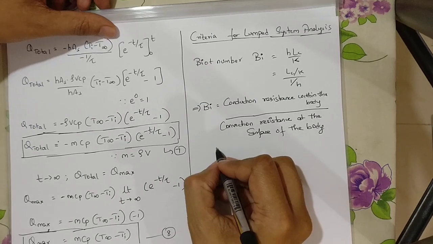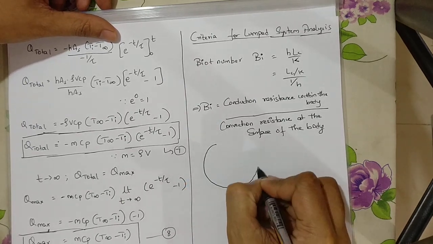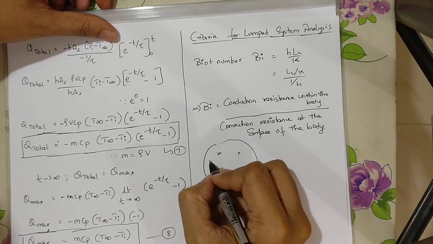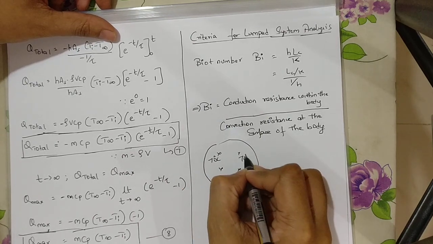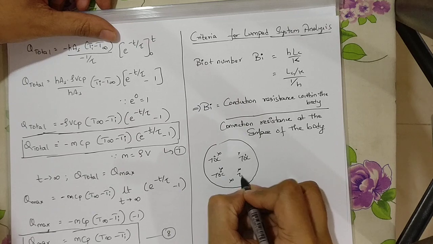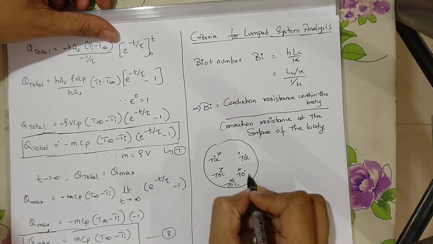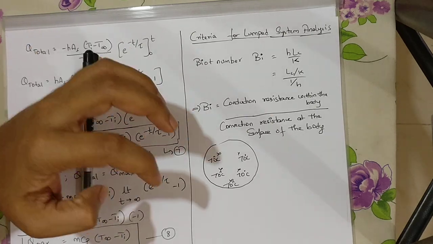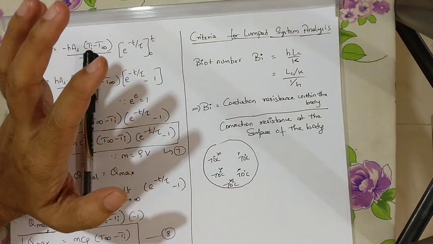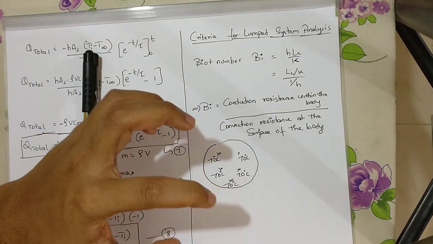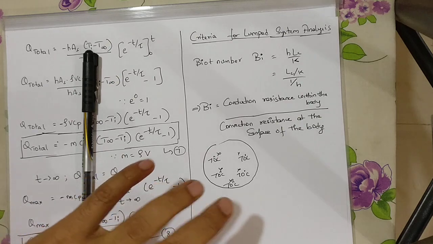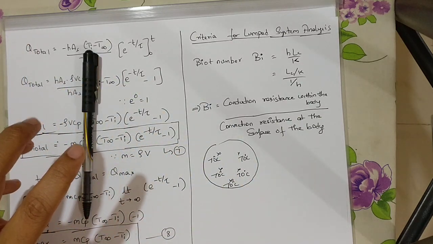Now, if you remember that example which I have taken, this ball, the temperature was uniform across the body. Remember this 70 degrees centigrade, 70 degrees centigrade, right? So that means the temperature is uniform across the body. That means this conduction resistance within the body is very, very low, in such a way that the temperature is uniform across the body.